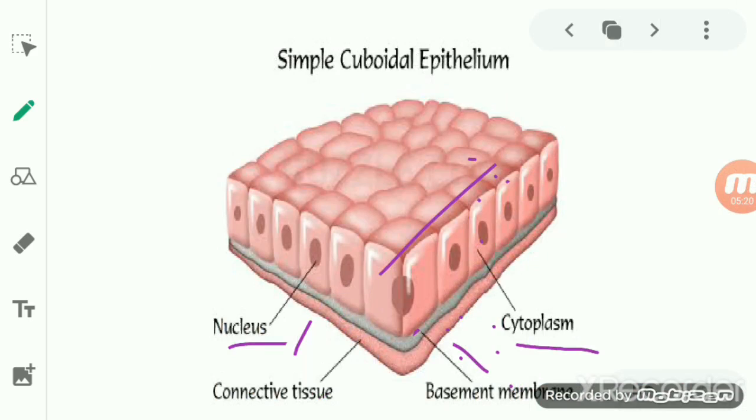Now, what is the function of the cilia? Wherever cilia are present, their function is to move. As they move, they help in the conduction of certain things.